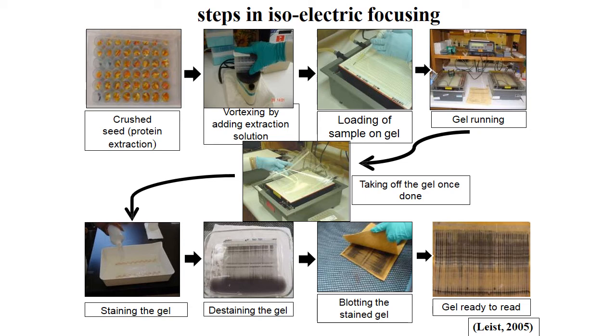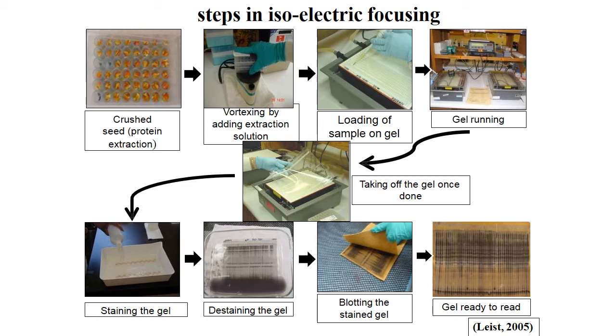Here the pictorial representation of steps of isoelectric focusing is given. First step includes crushed seeds subjected to protein extraction, then vortexing by adding the extraction solution, loading of samples to gel, then gel running, taking off the gel once done, then staining the gel.